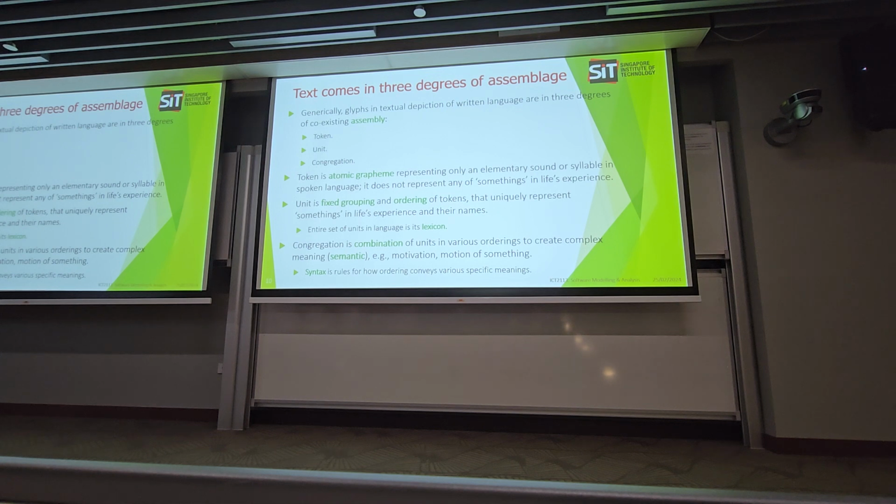Now the first thing you have in a written language is the idea of the writing itself. For any language at all, they have small, semantic-less glyphs, and I'll show you a couple of examples shortly.